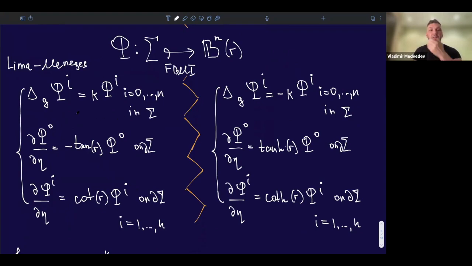So let's consider the similarity between these two descriptions. It turns out that the coordinate functions are of two sorts.